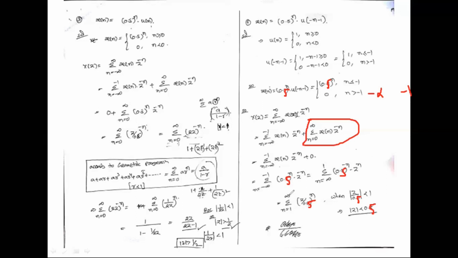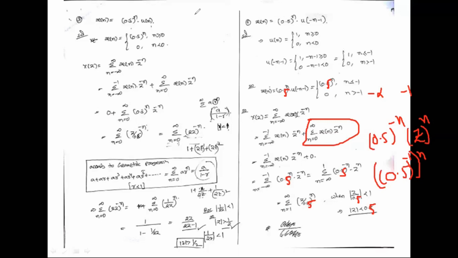So the sum from n equals 1 to infinity of (0.5)^-n z^n. Now you can change this as ((0.5)^-1)^n, which is nothing but (1/0.5)^n.